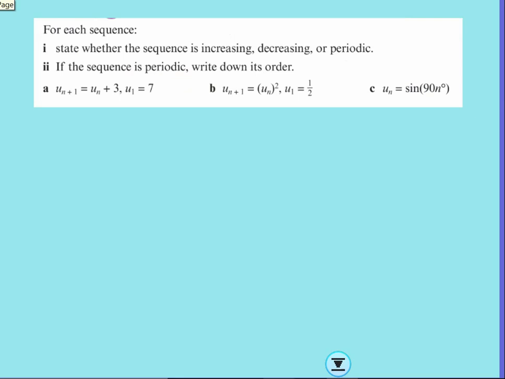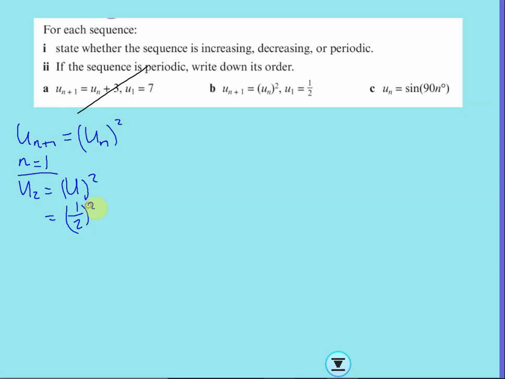So maybe we'll just look at a couple of these. Let's scrap that one, it looks too easy. If we look at this one, we know the first term is a half. Let's write the whole thing out. The next term is equal to the previous term squared. When n is 1, we get the second term is u1 squared. u1 is a half squared, so that is a quarter.